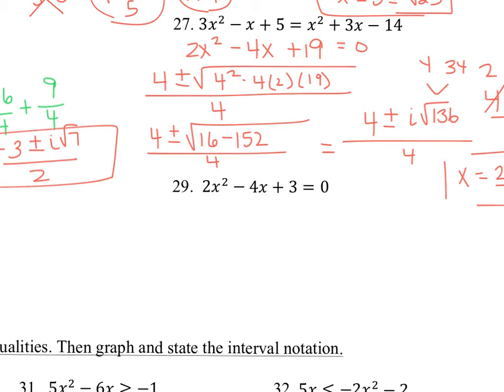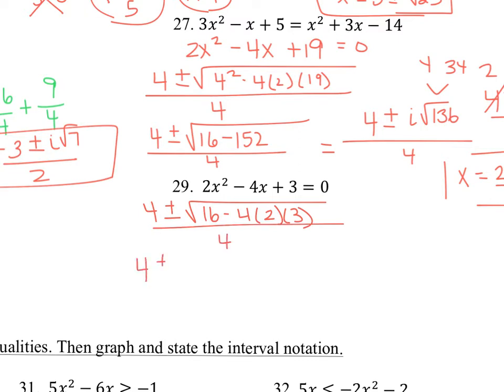Number 29, I'm going to do the quadratic formula again. So I'm left with 16 minus 4 times 2 times 3. I got 16 by just squaring in my head, all over 4. So now I have 4 plus or minus 16 minus 4 times 2 is 8 times 3 is 24, all over 4.